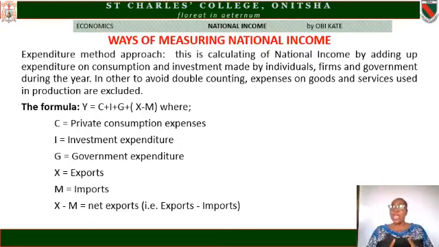There is no way your income should be more than your expenses, and there is no way your expenses should be more than your income. So that is why, if you want to measure national income, use the expenditure method. Get the expenses of the government, the firms, and the individuals. You get the national income.